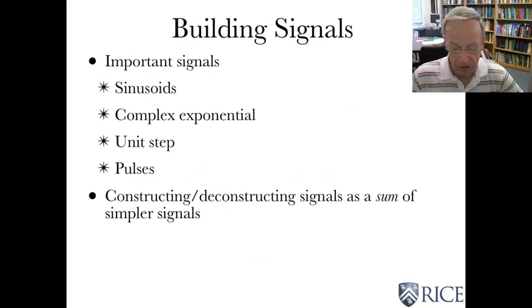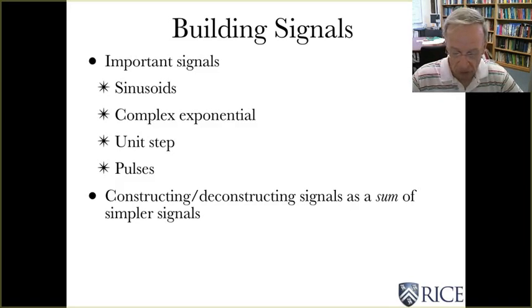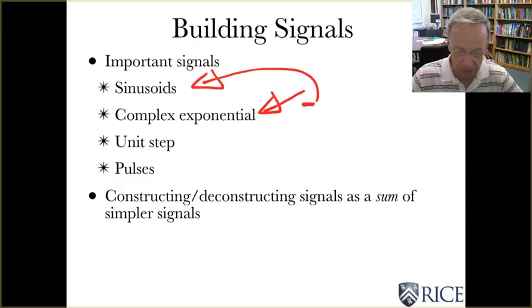Okay, so let's review. The important signals are sinusoids, and even more importantly, the complex exponential. The real and imaginary parts of the complex exponential correspond to the sinusoid. We've talked about the unit step. Discontinuous signals are going to occur over and over again, both theoretically and in practice.